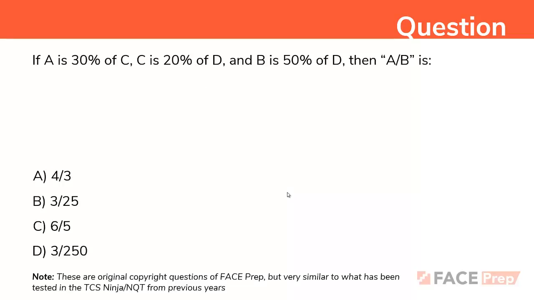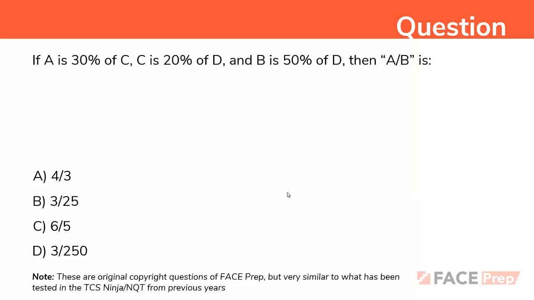This question again is from percentage. It's a very simple topic, and it is advisable that you go and learn all these topics, because questions will keep popping up from this topic. It says A is 30% of C, C is 20% of D, and B is 50% of D. Then A by B is?